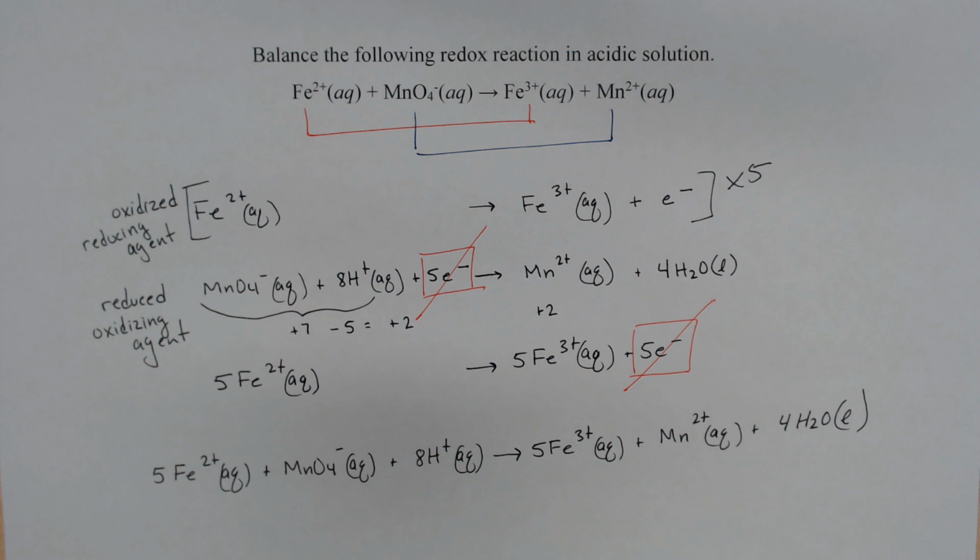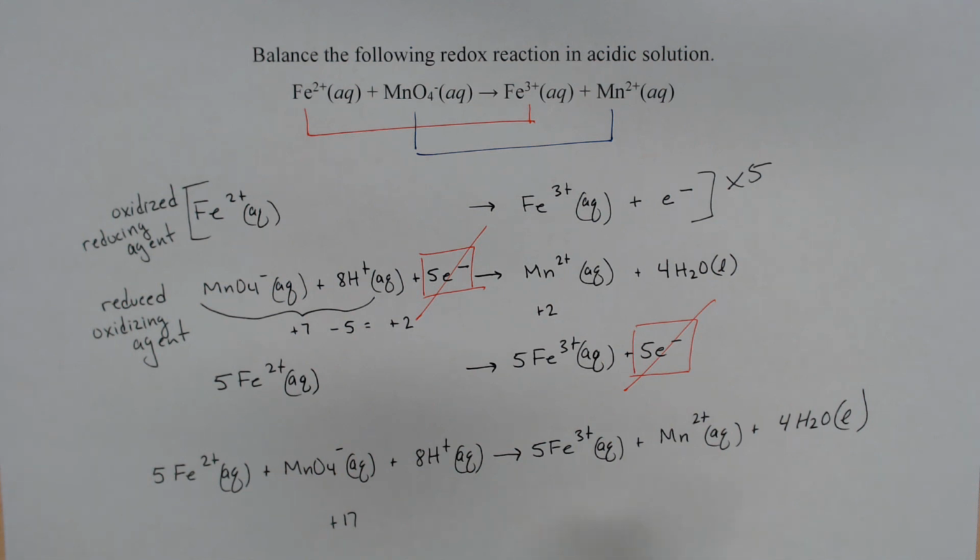If you look closely, you can confirm that the atoms are balanced. You can also confirm that the charges are balanced. So right here, we have 5 times 2, that's a 10 positive, plus 8 more is 18, and then minus 1 gives us a plus 17 charge.